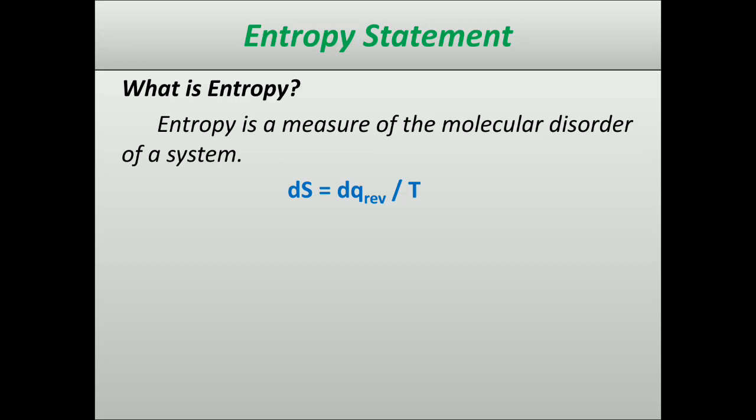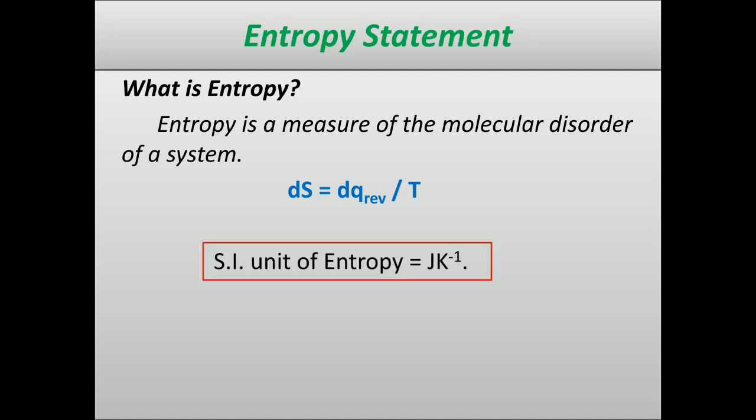Nature seems to be working in a way that no matter what happens, the entropy of the whole universe should increase in that process. The SI unit of entropy is Joule Kelvin inverse, that is JK inverse.